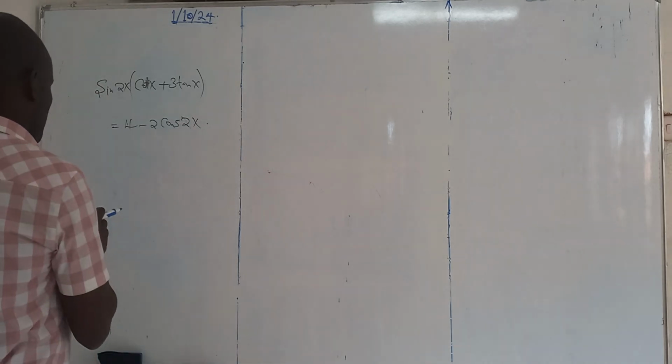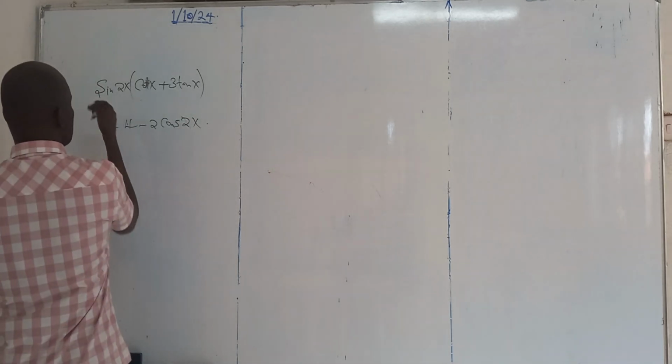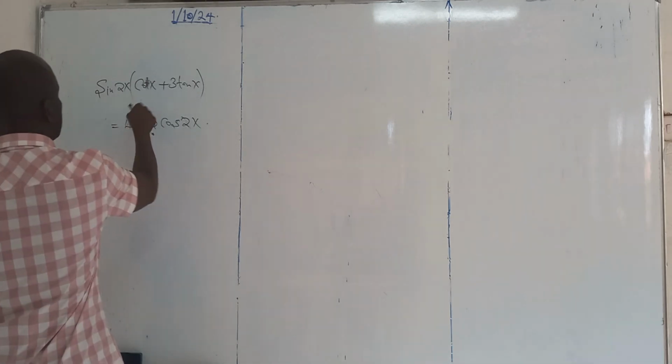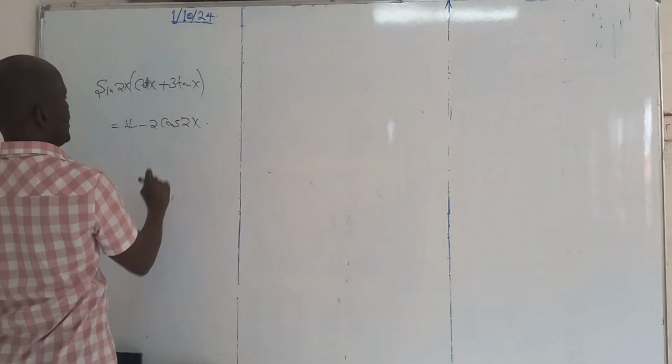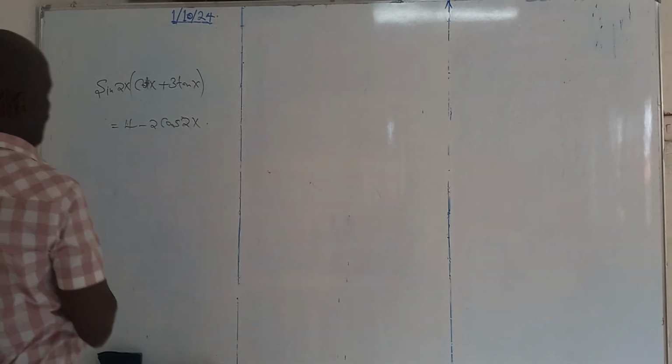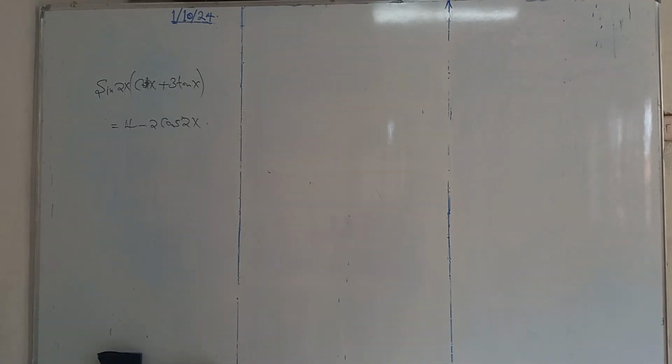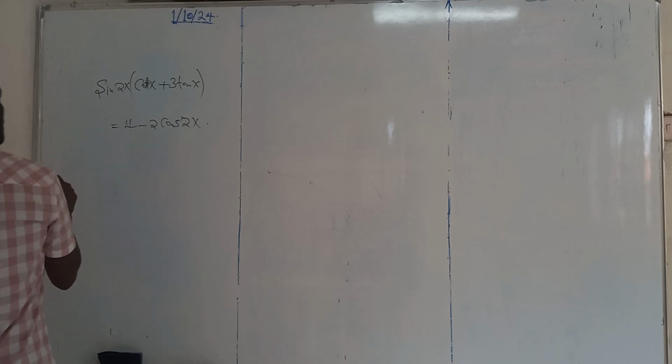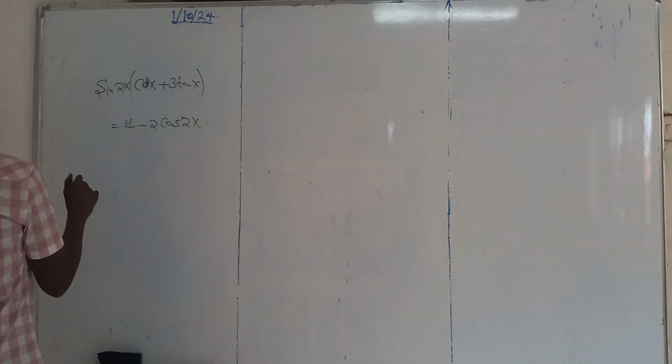So you are supposed to prove that sine of 2x into cot x plus 3 tan x is equal to 4 minus cos 2x. So first, what we'll remember is a few identities.